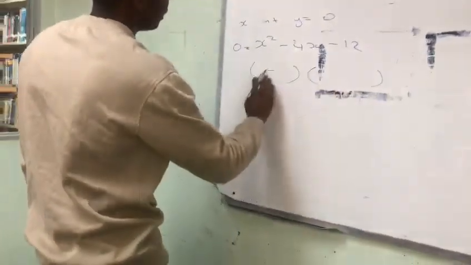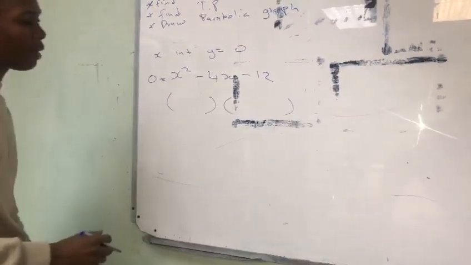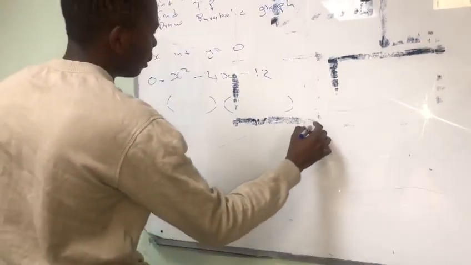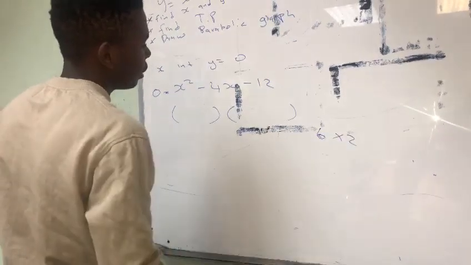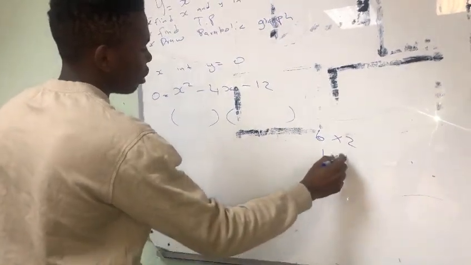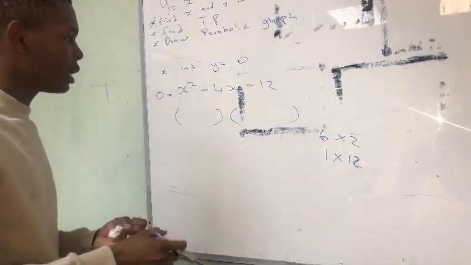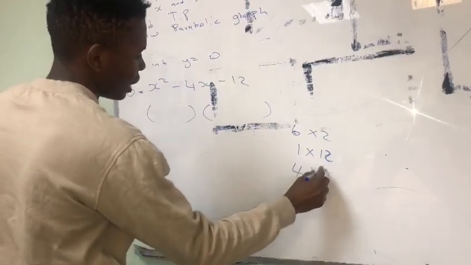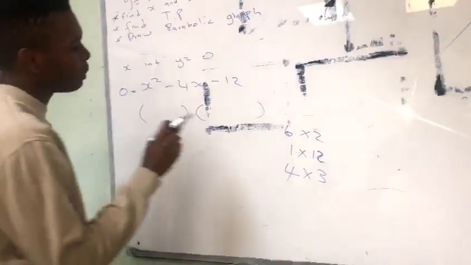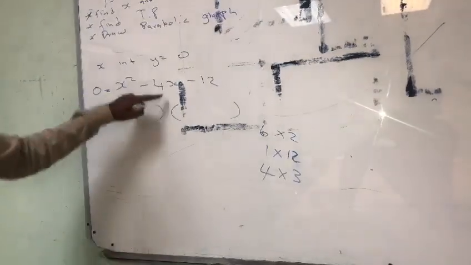We have 12 here. What are the factors of 12? 6 times 2, 1 times 12, and 4 times 3. We want the ones that multiply to give 12 and, if we subtract or add them, give us 4.